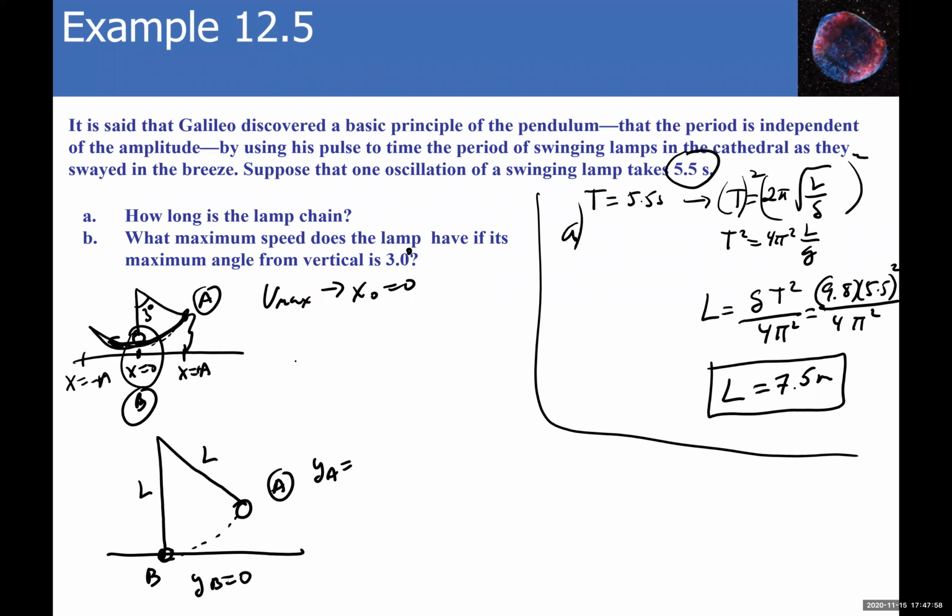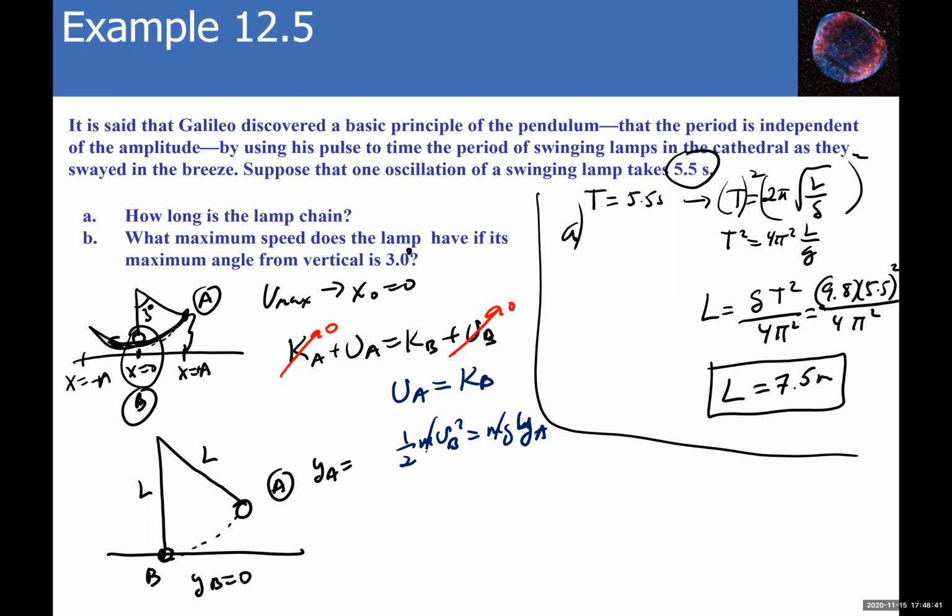Now, I have kinetic energy at A plus potential energy at A equals kinetic at B plus potential at B. Because it starts from rest, there is no kinetic at A, and when it reaches B, there is no potential at B. So all I have is potential at A equals kinetic at B. So 1/2 m v_B² equals m g y_A.